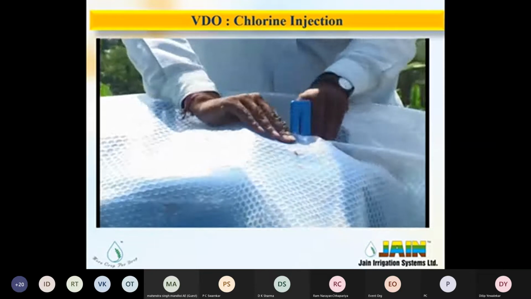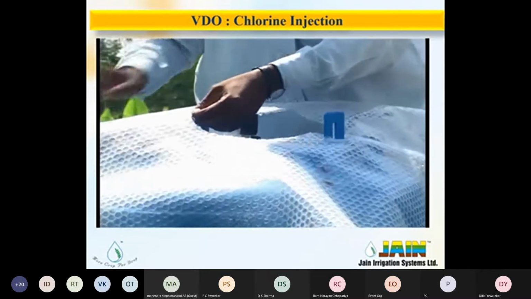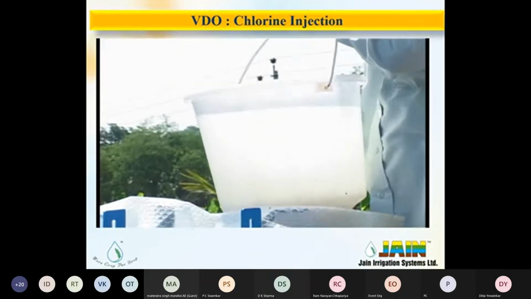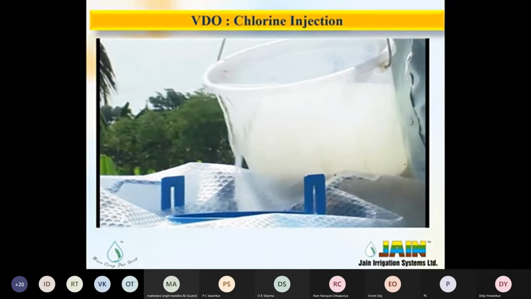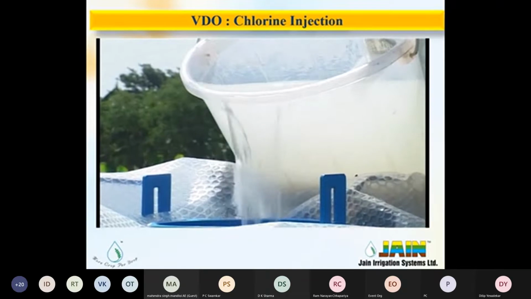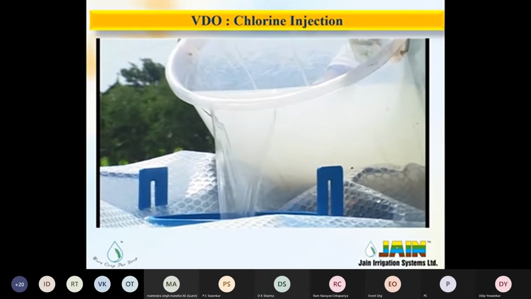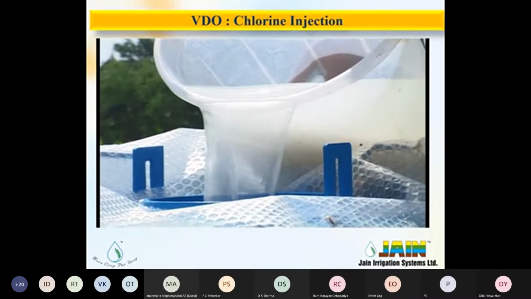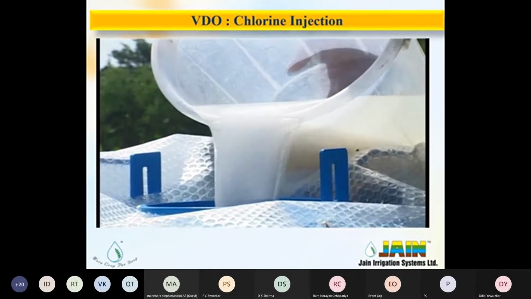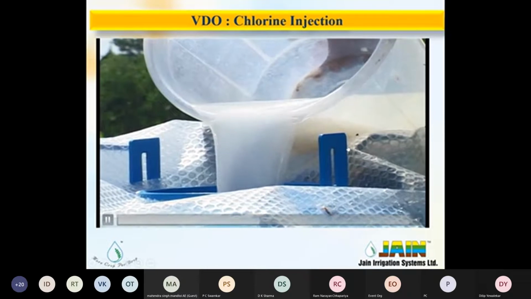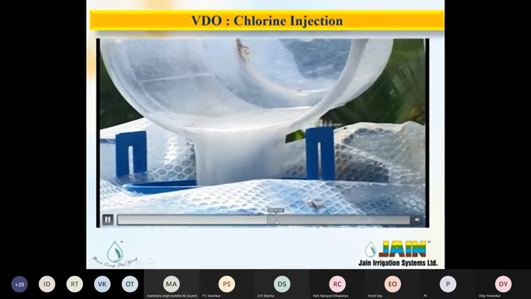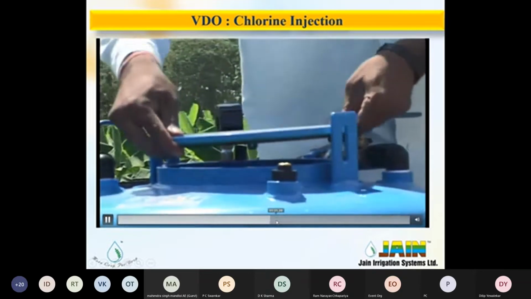Here the person is covering this. Why? Because chlorine is very reactive to metal. So the surface of the metal equipment, the metal parts, should be protected and kept away from the chlorine. They close the lid.